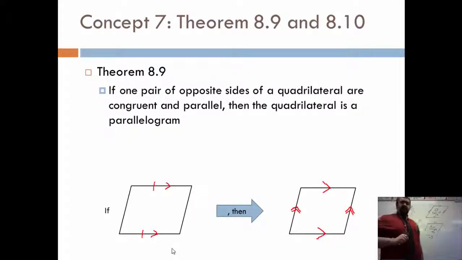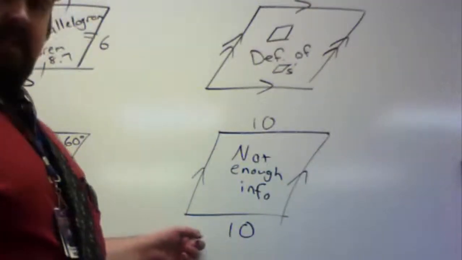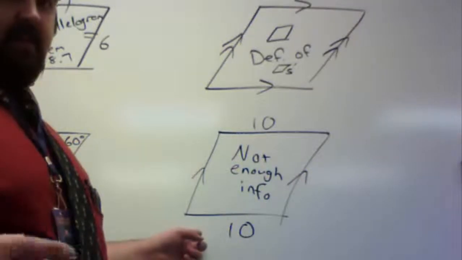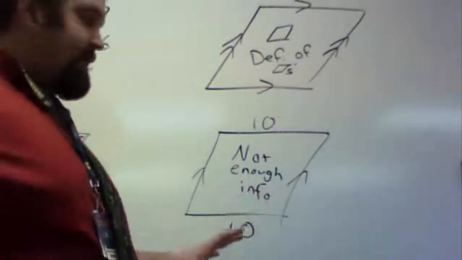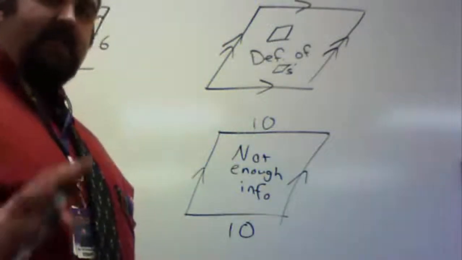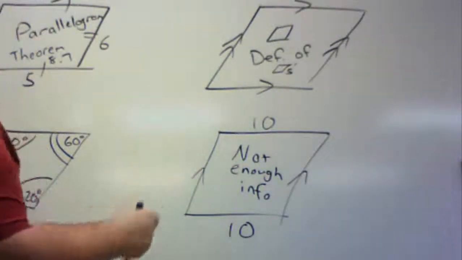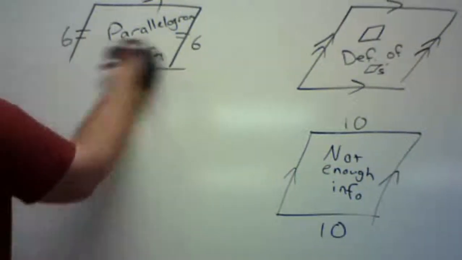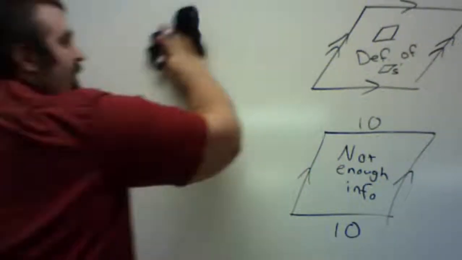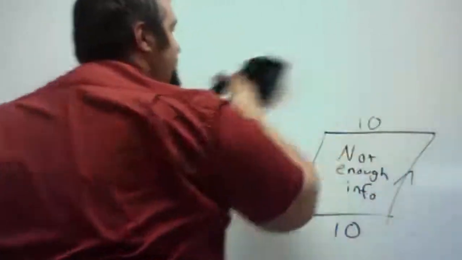Theorem 8.9 is if one pair of opposite sides of a quadrilateral are congruent and parallel. So if we look back at this one that I did before, it says one pair of opposite sides of a quadrilateral are congruent and parallel. Well, I have one set being parallel and one set being congruent. But the way it's phrased, this still would not be enough information. It would have to have the form where the same side is both congruent and parallel.